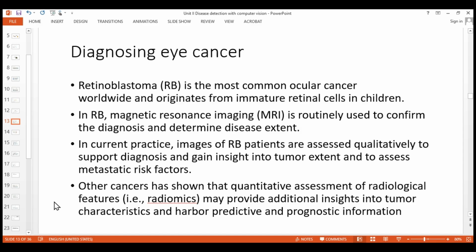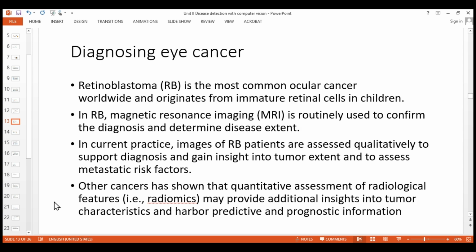So, as already indicated, retinoblastoma (RB) is the most common ocular cancer worldwide and originates from immature retina cells, and it is mostly in children. So, for this, mainly MRI images are suggested as the routine checkup to confirm the diagnosis and determine the disease extent.